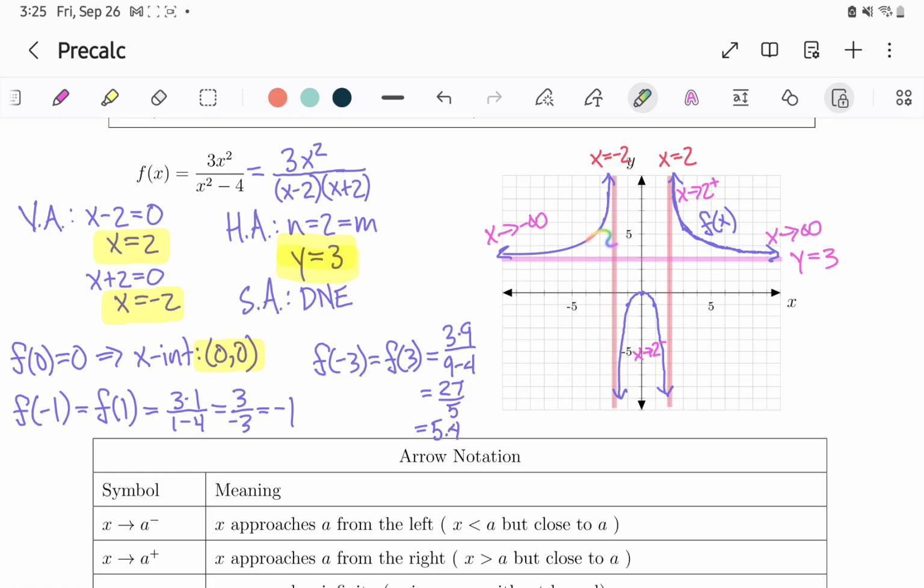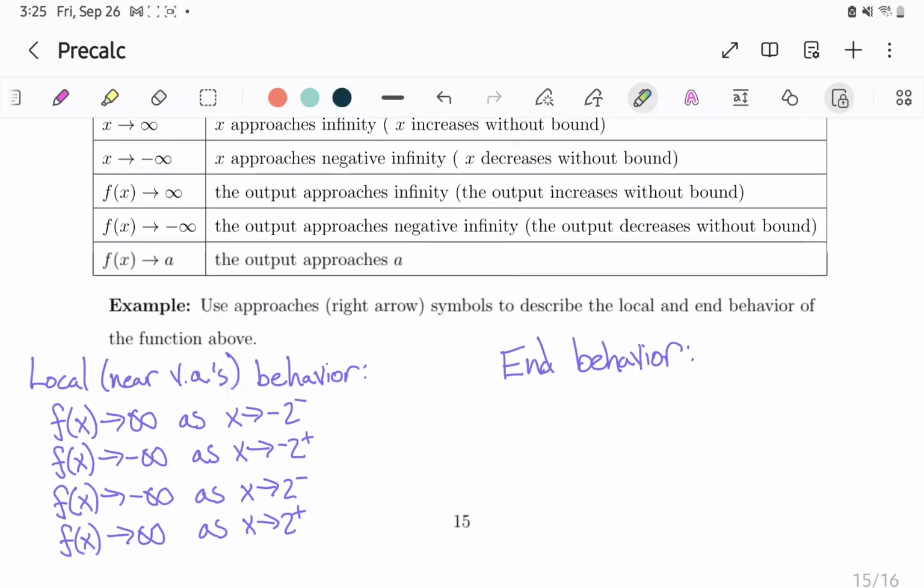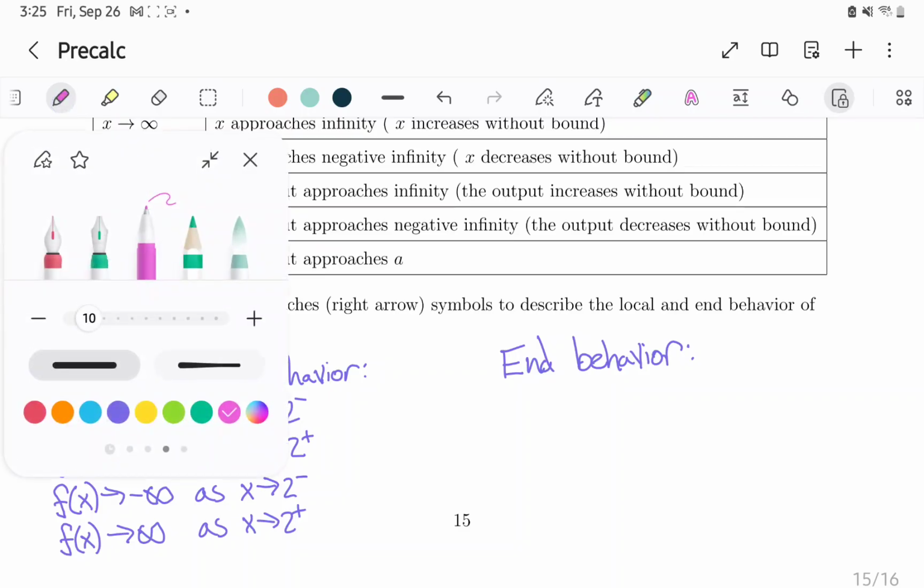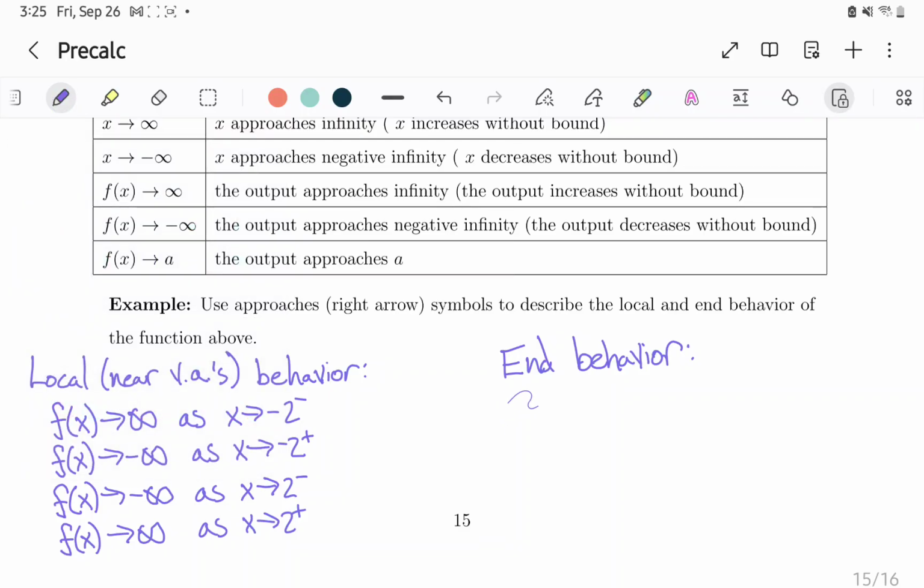So the values of f of x are getting closer and closer to 3 as x goes to minus infinity and as x goes to infinity. So f of x goes to 3 as x goes to minus infinity, and f of x goes to 3 as x goes to infinity.